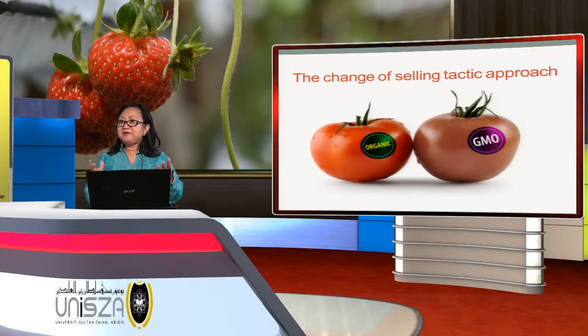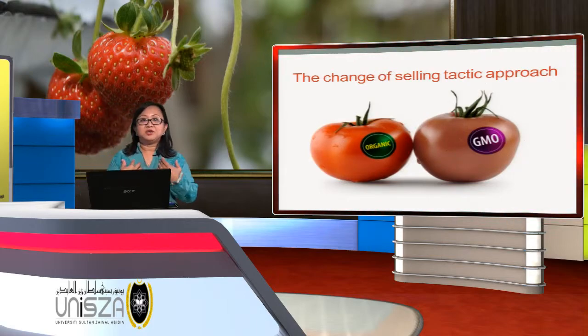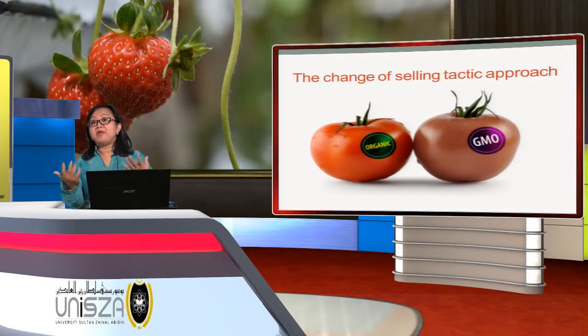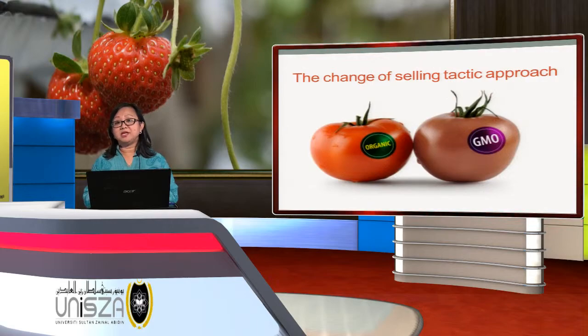So if our tomatoes are certified under ISO, once we get that certification, we can claim that our tomato is free from pesticides, free from any probable carcinogen, free from any neurotoxins. Therefore, we can claim that our organic tomato has none of those, as I mentioned earlier.